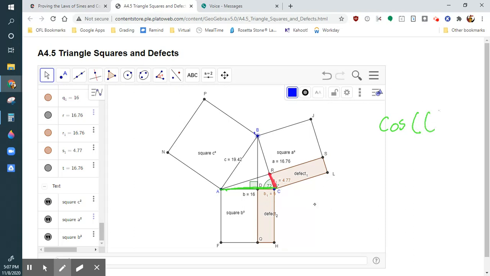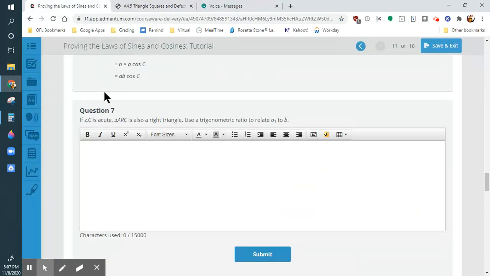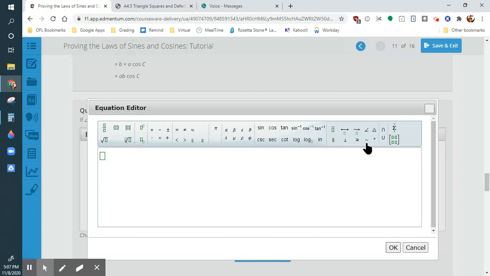Cosine of C is going to equal our adjacent. In this case, it's the little pink side, which is going to be the A sub 1, over our B. So in other words, we have this. Oh, I need a faster way to do this. A sub 1 equals B times cosine of C. Okay, so we're going to write that down here. I'm going to use my equation editor.